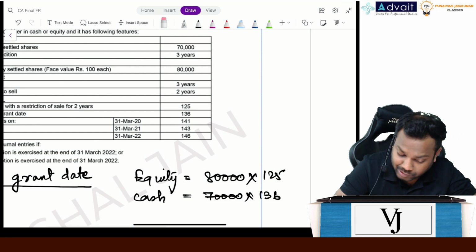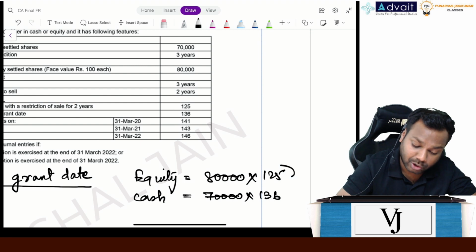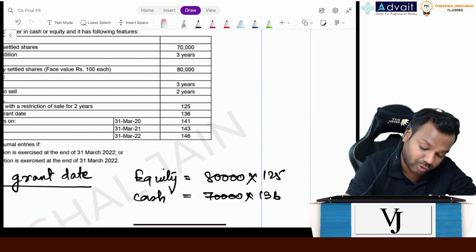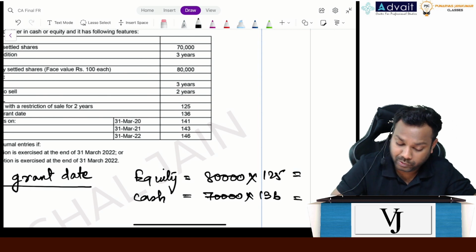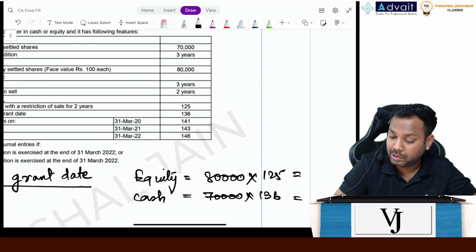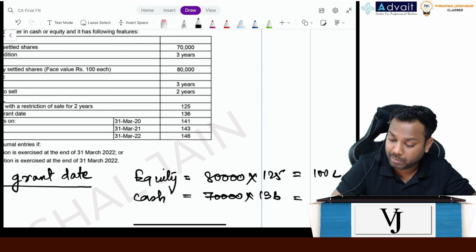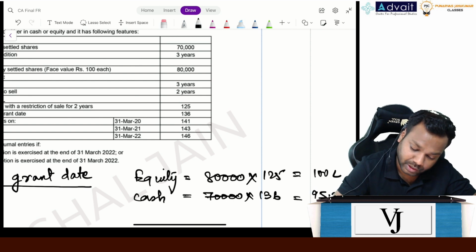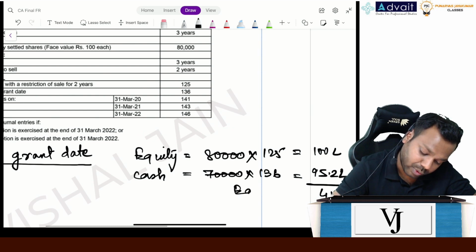So you know why this fair value is reduced to 125 for equity? Because there is a restriction. In cash there is no restriction, right? So 80,000 multiplied by 125 is 1 crore, that is 100 lakhs, and 70,000 multiplied by 136 is 95.2 lakhs. So 4.8 lakh is your equity.